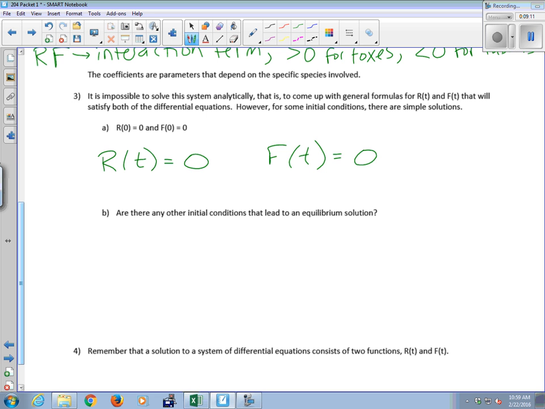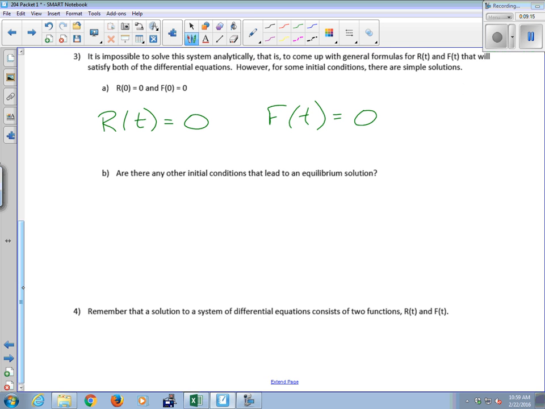Because nothing's changing. Are there any other equilibrium solutions? Probably. So to find equilibrium solutions, when we just had one equation, we set the derivative equal to 0 and solved. Same thing here. We set r dot, or r prime, equal to 0, and f dot equal to 0.